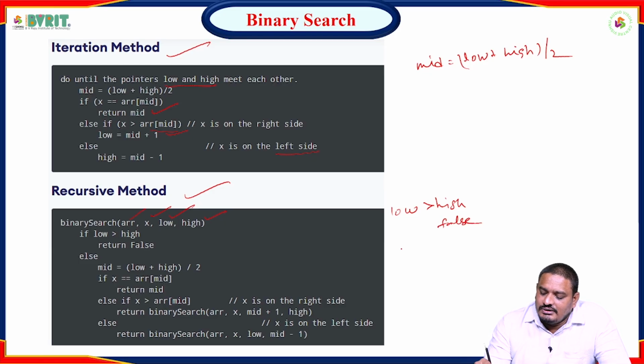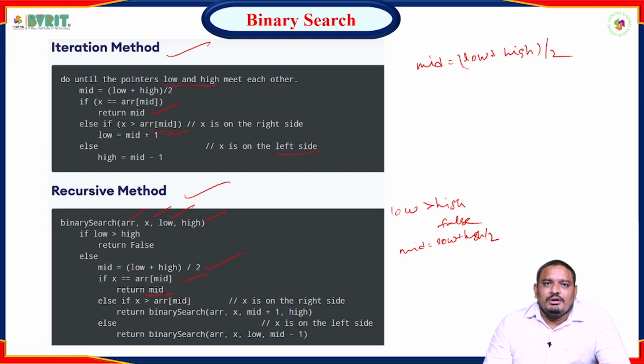Otherwise, consider mid equals low plus high by 2. If the searching element x equals array of mid, return the mid element.